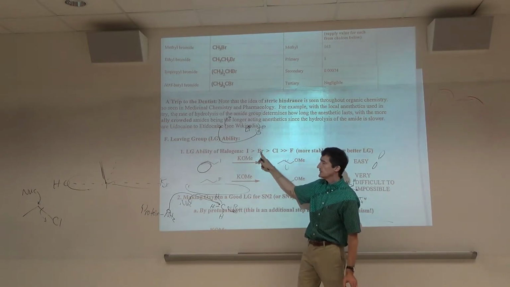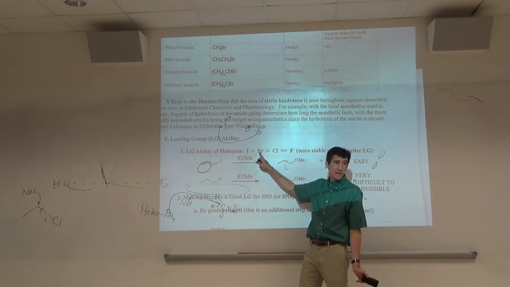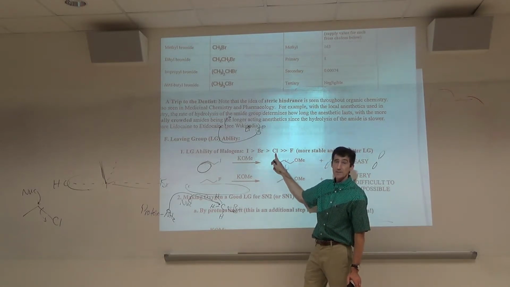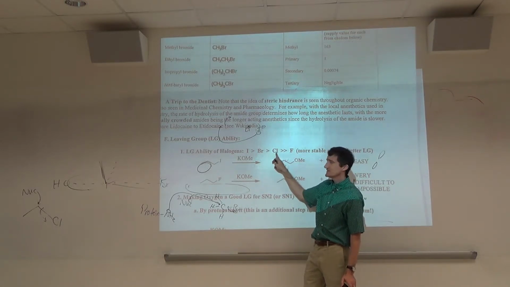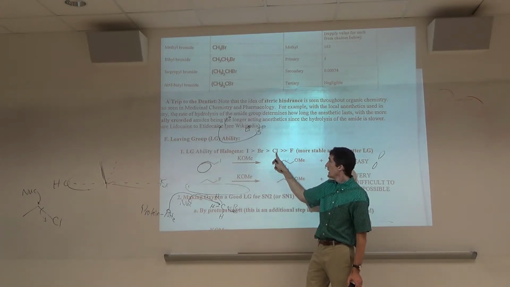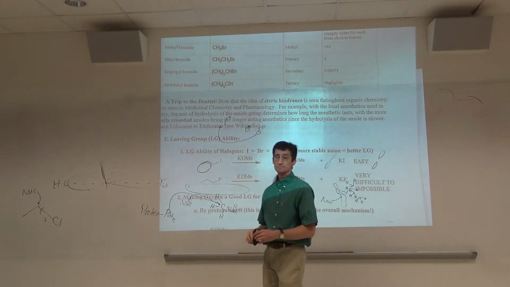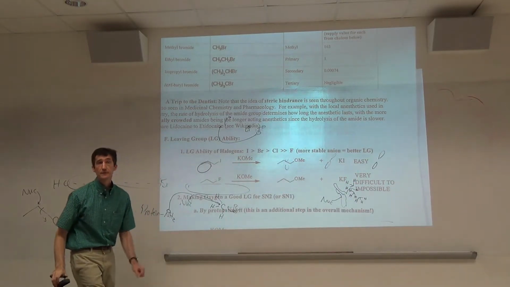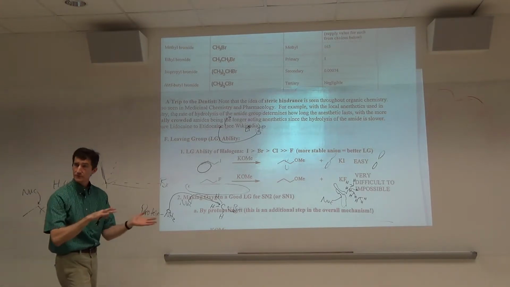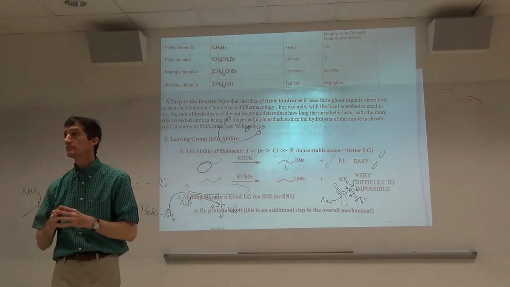Bromine is great, not as expensive, so bromine is usually the best around. Chlorine is cheapest, but it's not as good as bromine. It's a little sluggish in wanting to leave. And then fluorine is just not good. Fluorine's also expensive, but in the end, bromine typically is your best in terms of cheap and still a great leaving group.